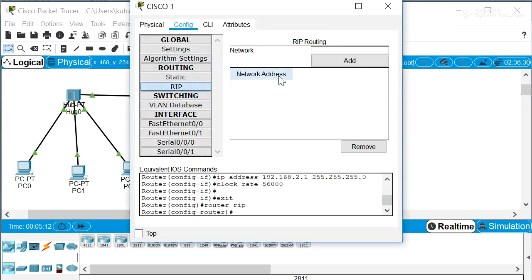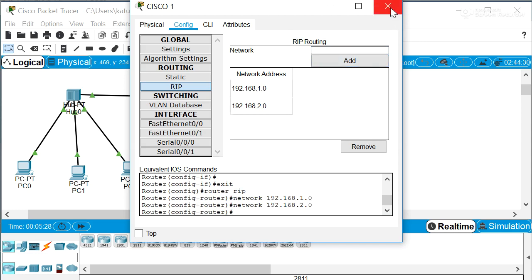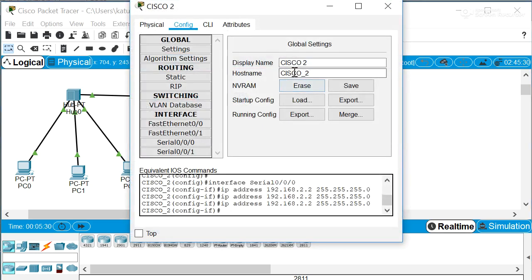Alright, so let's add the RIP first. Save that. I copy this since I'm going to use it on Cisco 2.